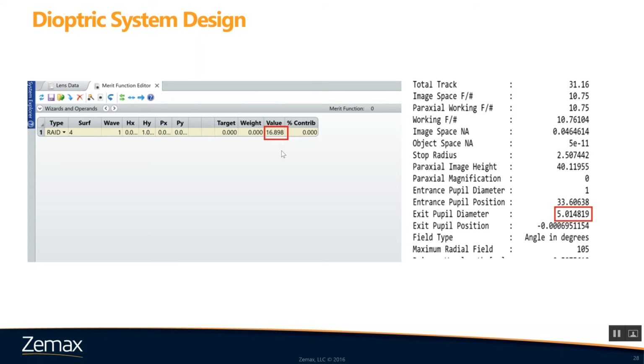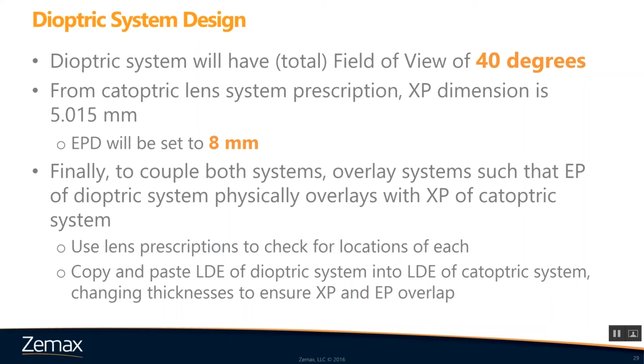So knowing that angle, we can also go into our lens prescription and find the exit pupil diameter, which again is important because that will need to be the size of the entrance pupil for our dioptric system. To summarize what we found, the full field of view for our dioptric system will be set at 40 degrees, found by taking that approximately 17-degree angle found in the RAID operand, multiplying by 2 and rounding up for both functionality and some room for error.